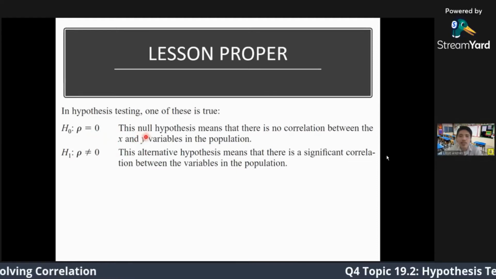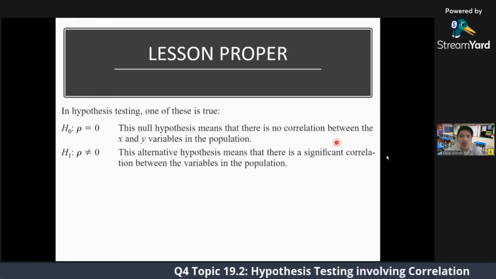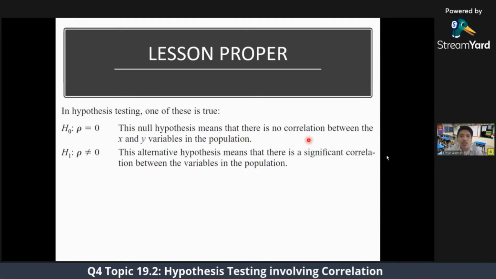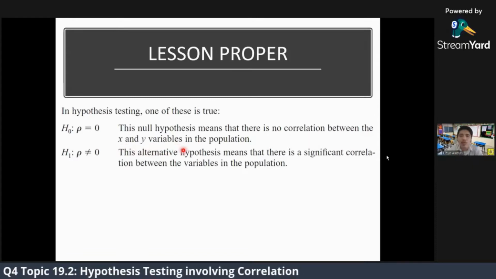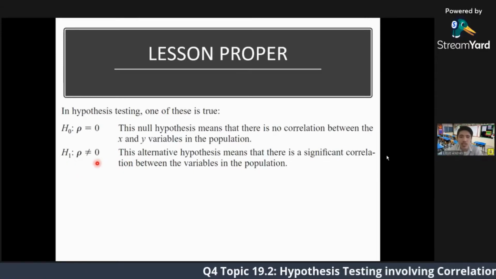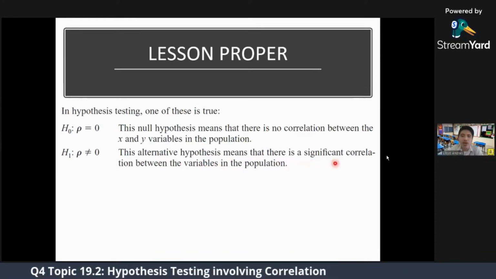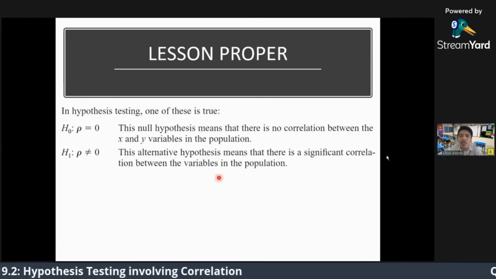This null hypothesis means that there is no significant correlation between the X and Y variables in the population. While our H sub A or H sub 1, as used in that book, is rho is not equal to 0. This is the alternative hypothesis. This means that there is a significant correlation between the variables in the population.